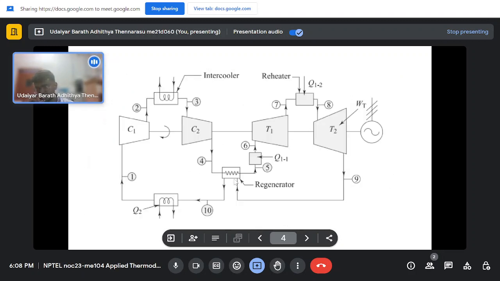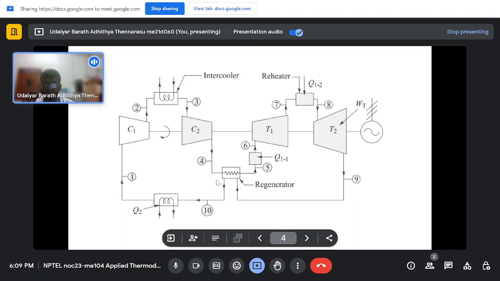Moving on, as I told previously, to reduce compressor work you will adopt an intercooler, and to increase the turbine work output you will use a reheater to increase the energy of the fluid. So you are separating the compressor into two stages and putting an intercooler to bring the temperature down from T3, ideally so that T3 and T1 are equal, and similarly for the reheater, your 8 will be equal to 6.